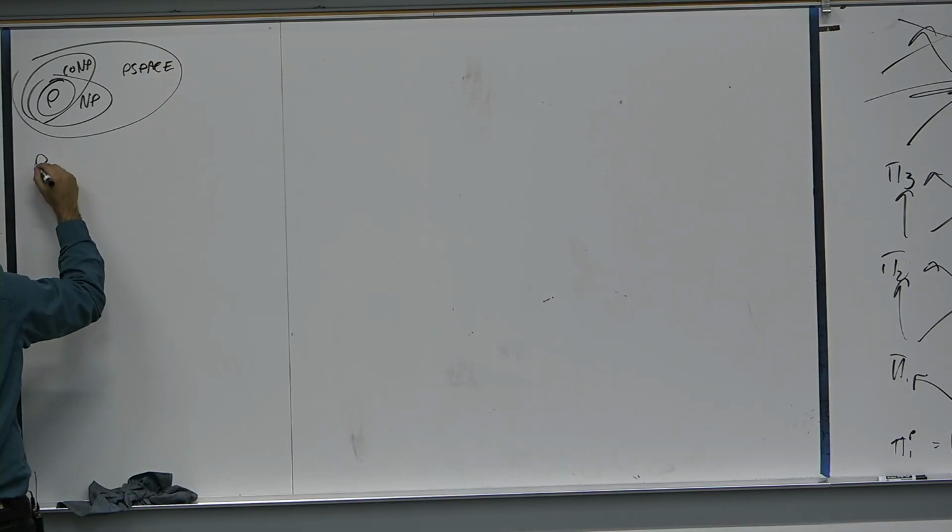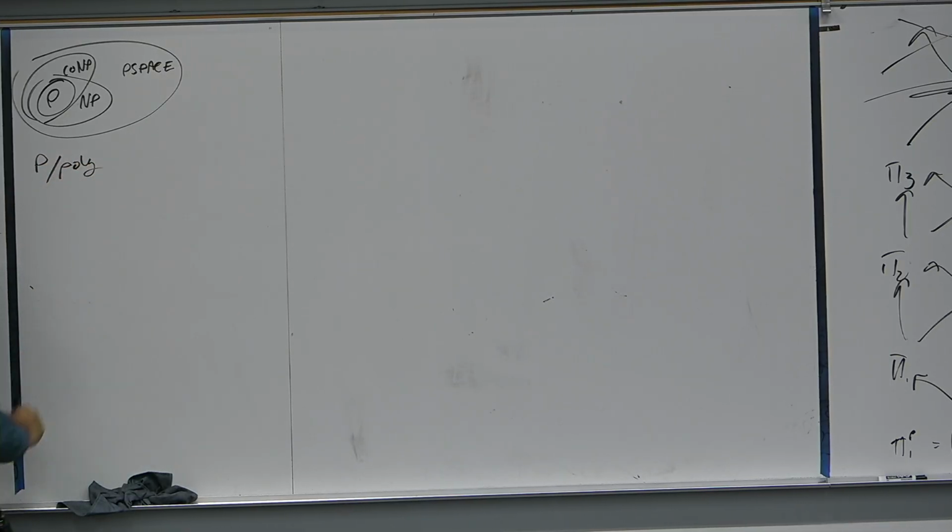Recall the class P/poly. It's a non-uniform class, polynomial advice machines. That's less interesting than the circuit definition, which is polynomial sized circuit families, right? Where should P/poly go on this chart if we had to draw it? This is a difficult question. Is P/poly contained in P space?